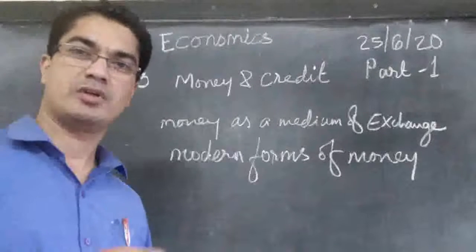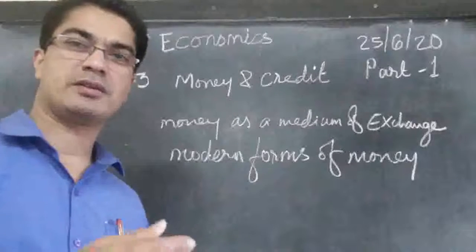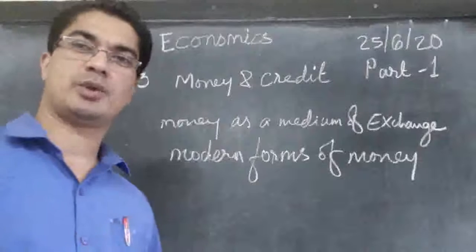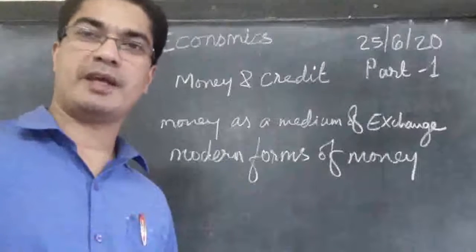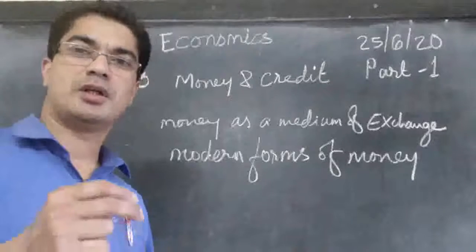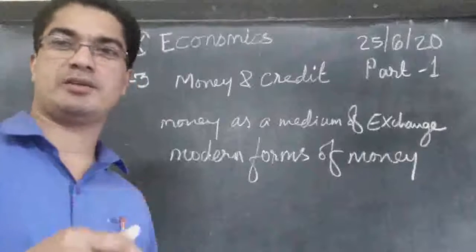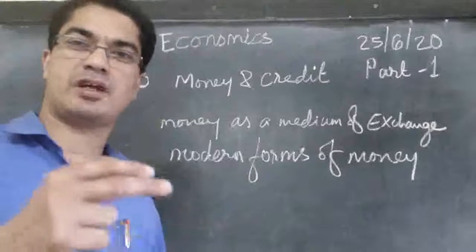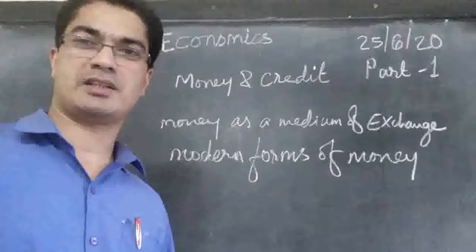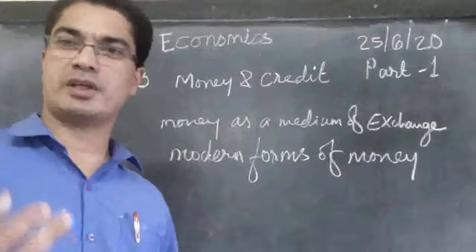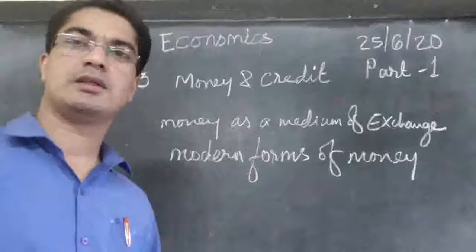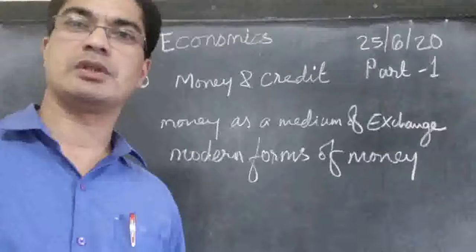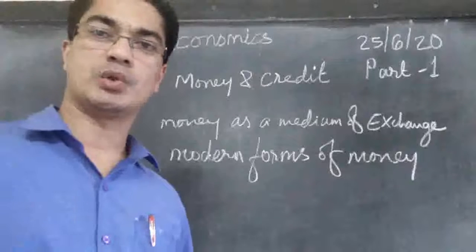If you want to buy something, they'll say give 1 cattle, or 2 cattle, or 3 cattle. Sometimes it became very expensive because we cannot give 1.5 cattle. We cannot cut and give the cattle. So 1.5 cattle, 2.5 cattle, that is not possible. Therefore, the person who sells or exchanges cattle was losing.